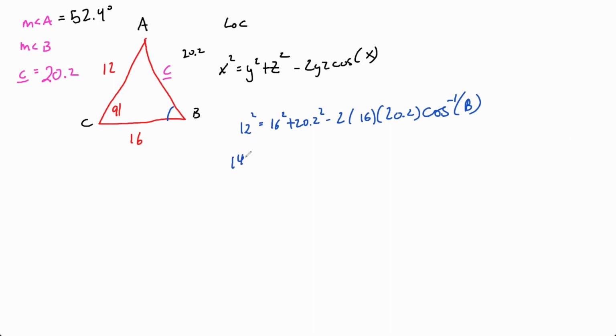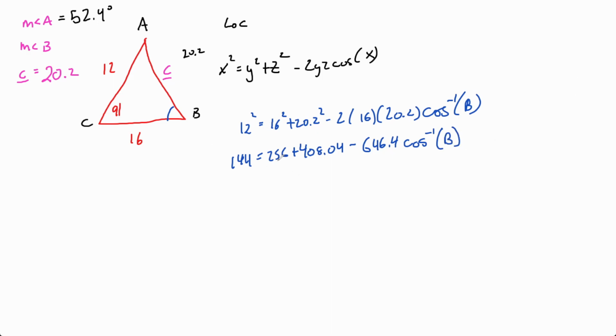We still have 144 is equal to 256. 20.2 squared is 408.04. Minus 2 times 16 is 32 times 20.2 is 646.4 inverse cosine of B. And this is just getting messy.